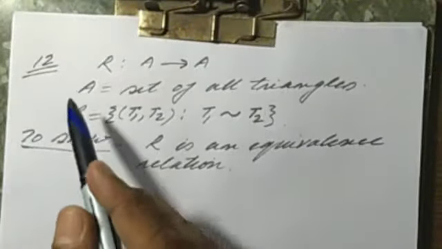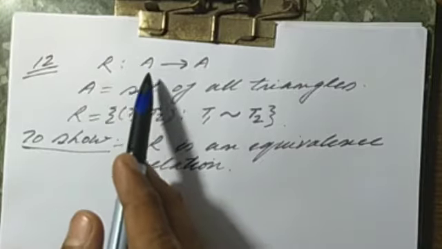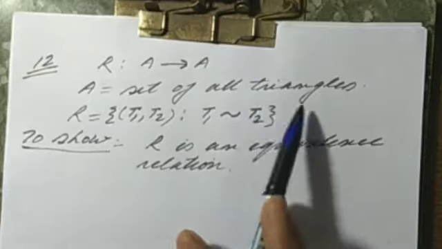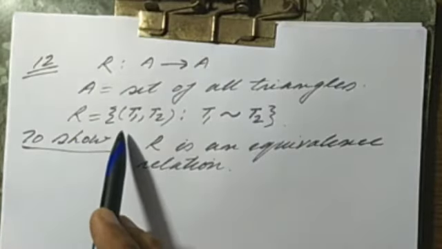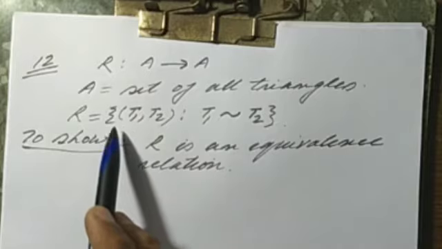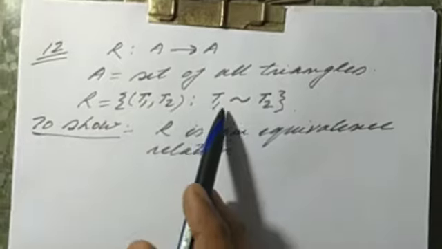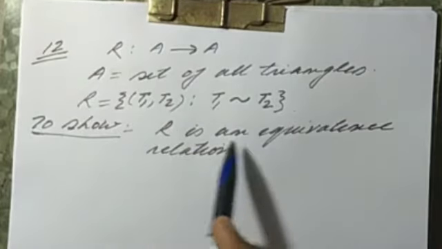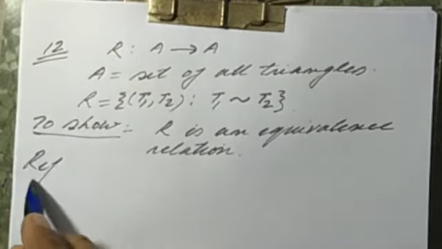Now we come to the next problem, that is the 12th one, where R is a relation in set A, where set A is given as the set of all triangles and R is the relation defined as the set of all ordered pairs (T1, T2), where T1 is similar to T2. Then we have to show that R is an equivalence relation. So let us start with reflexivity.